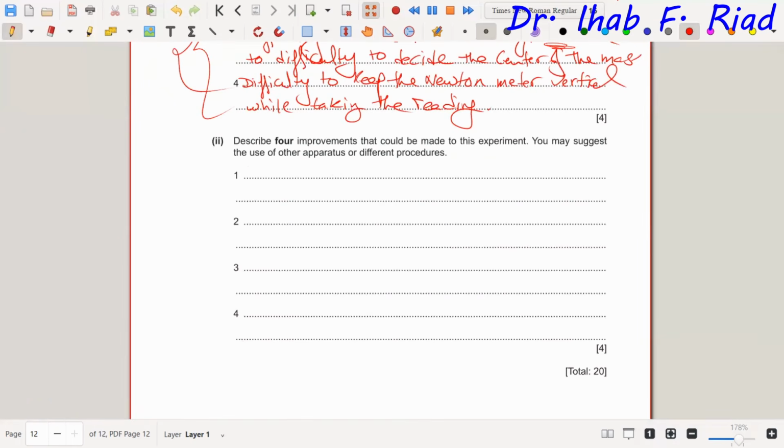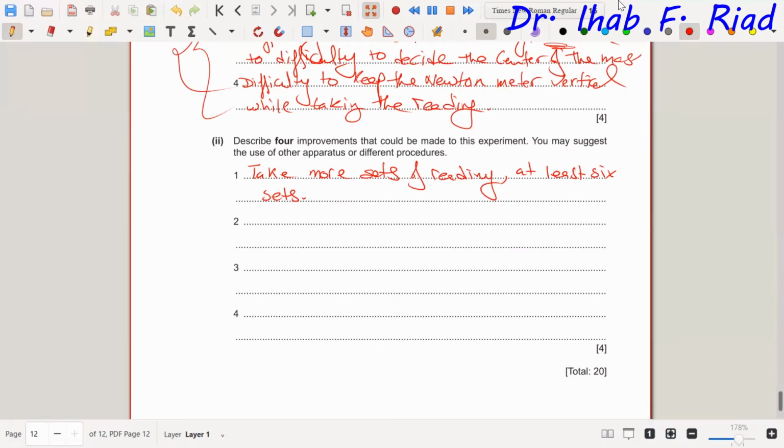Take 6, 7, or 10 readings. Okay. Take more sets of readings, at least 6 sets.